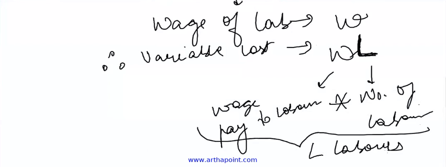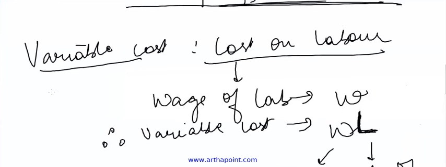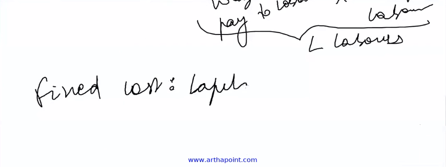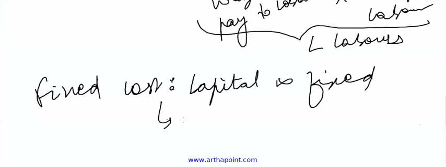Okay. Now let's say that against this variable cost, we also have a fixed cost. Now, in the short run, my capital is fixed. Because my capital is fixed, suppose the rent I pay on my capital is R. What is the cost you spend on capital?